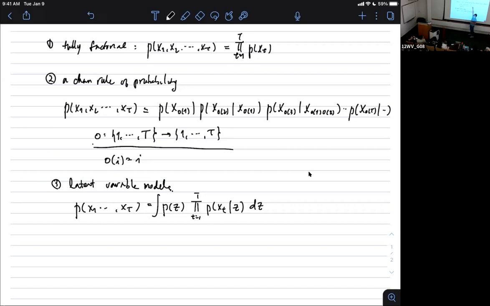It doesn't include it. So O is just an ordering, a permutation. O chooses a single permutation of these random variables. It can be ordered dependent or independent. That depends a lot on C. That's how you encode the information.